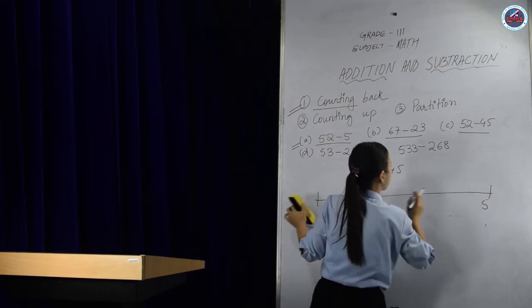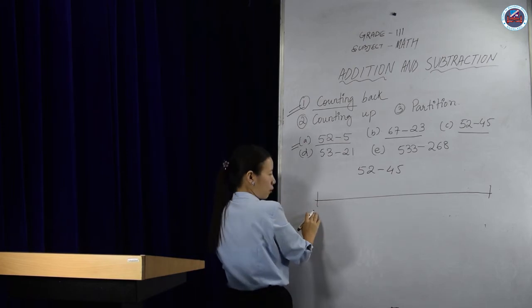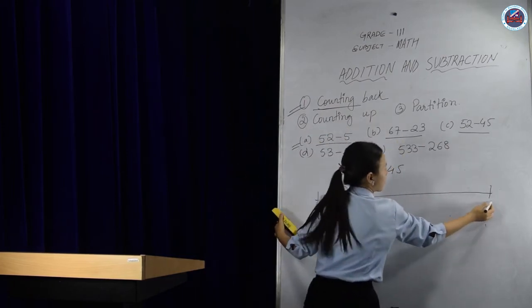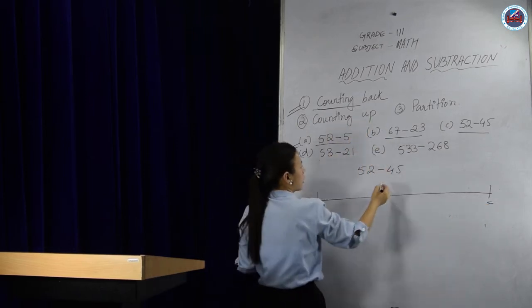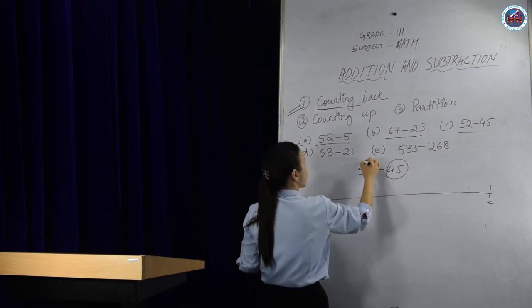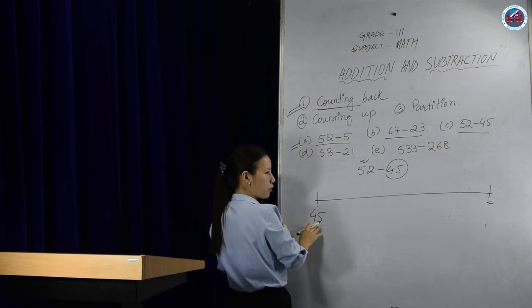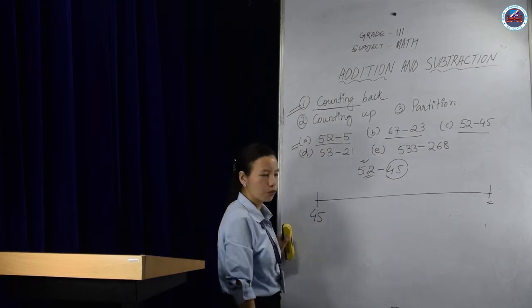It says counting back, so we started from the back. Now it says counting up, so we'll start from here. This time, we're not going to use this 52, but we're going to use this 45. We'll start with 45, and then we'll keep on counting until we reach 52.